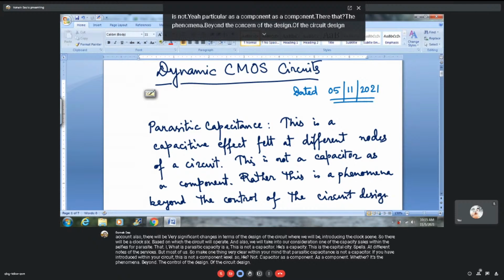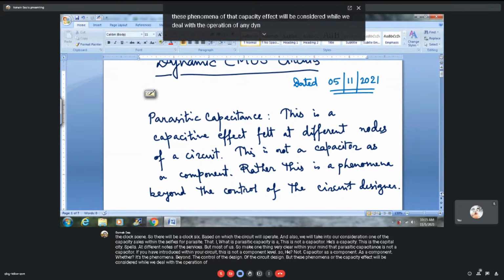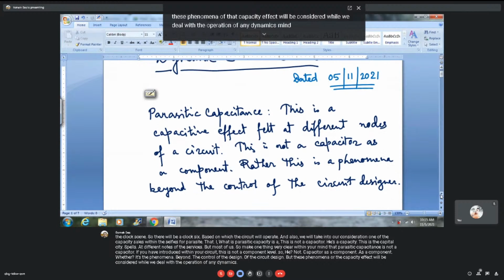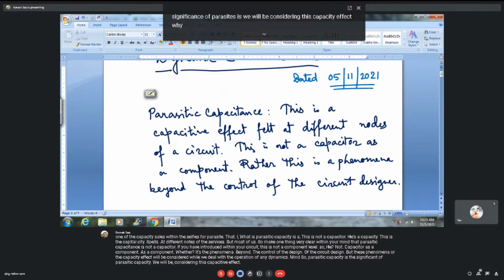So this phenomenon or the capacitive effect will be considered while we deal with the operation of any dynamic circuit, mind you. So the significance of parasitic capacitance is that we will be considering this capacitive effect while we analyze the operations of any dynamic CMOS circuit.